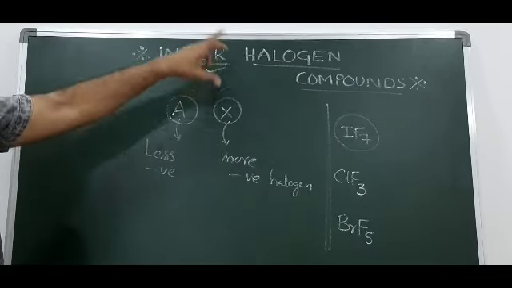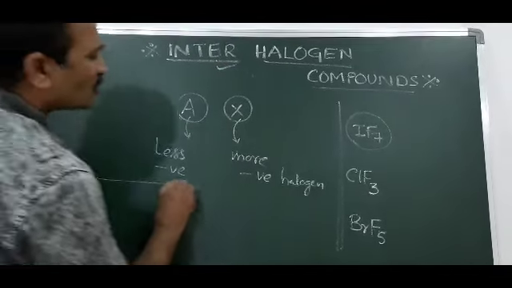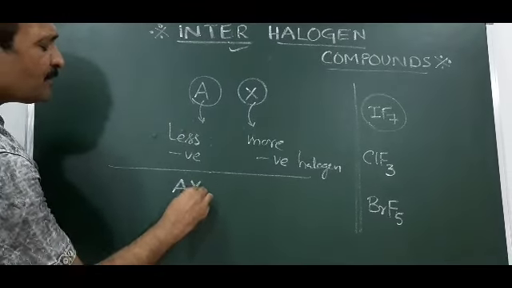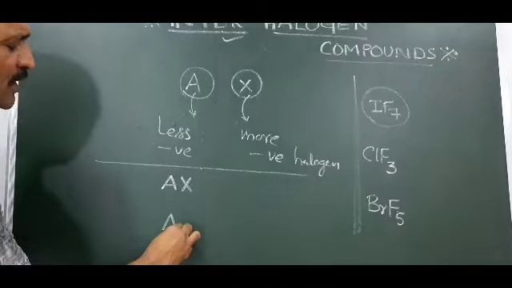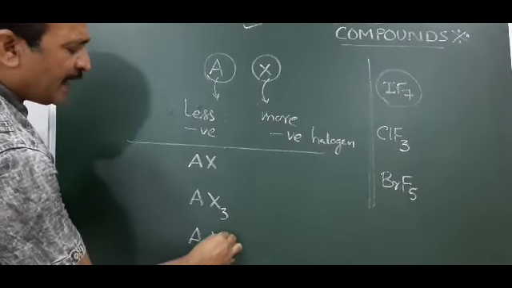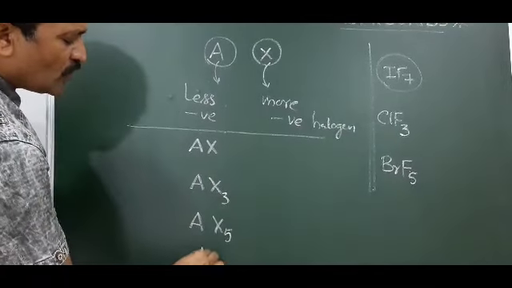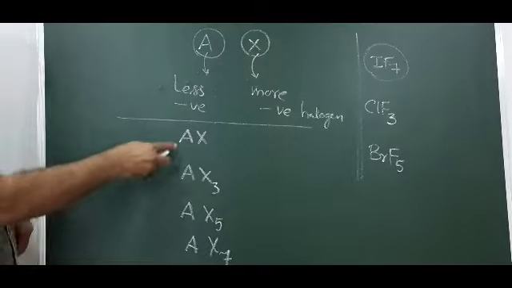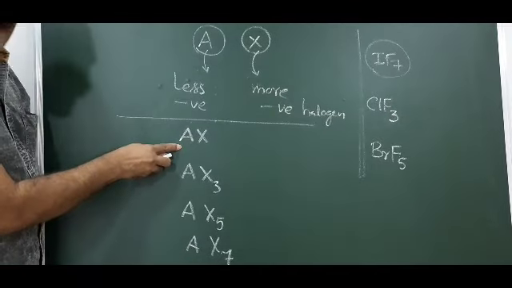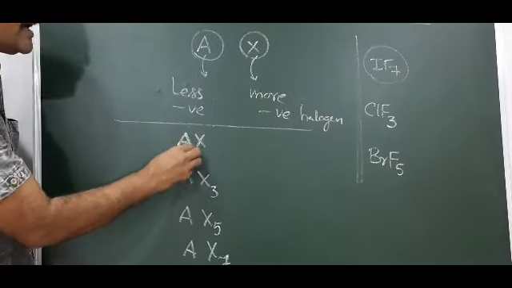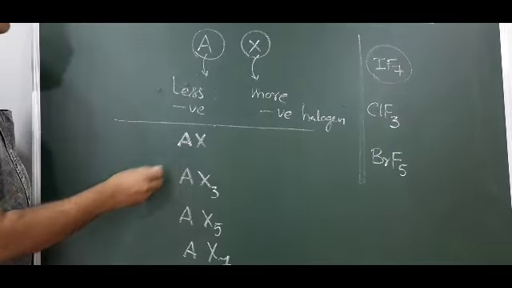Based on the atomicity, the interhalogen compounds are classified into four types. One is called AX, another AX3, another AX5, and another AX7. Students, here A is a less electronegative halogen and X is a more electronegative halogen.